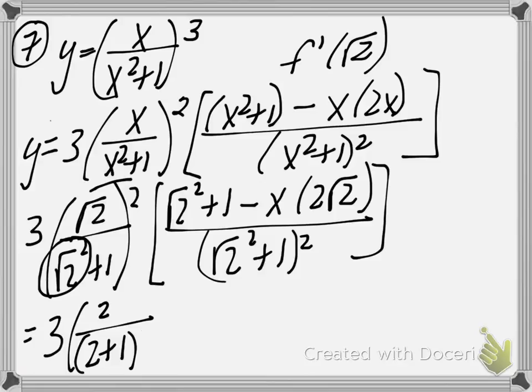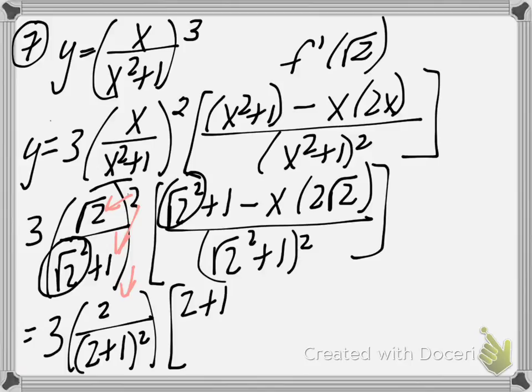But that still has the square, because this squared here has to go to the top, which we did. That gave us this right here, that 2. And it also has to go to here. So we're going to have to still work with that. Okay, this radical 2 squared is just 2 plus 1 minus 2 radical 2x all over. This piece becomes 2. 2 plus 1 is 3. 3 squared is 9.